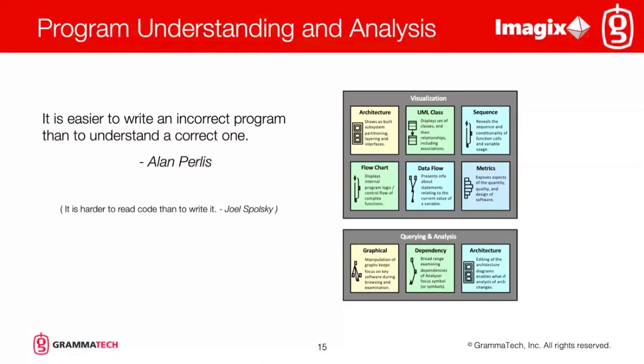So visualization is presenting the information derived from the source code at the right level of abstraction and detail and in a format that's easily understandable, from high-level architecture diagrams, UML class diagrams, down to details of sequence diagrams, flowcharts of what's happening inside of program logic of specific functions, etc. Querying and analysis is the complementary half of this, which is the ability to focus that visualization on the relevant portions of your software.